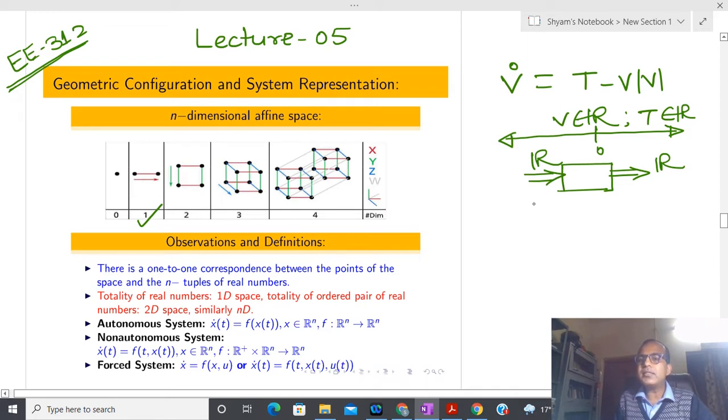When I considered the pendulum system, I defined S equal to L theta, where L is the length of the pendulum and theta is the angle with respect to vertical. After that I defined S dot, that is L theta dot, and then applied M L theta double dot.